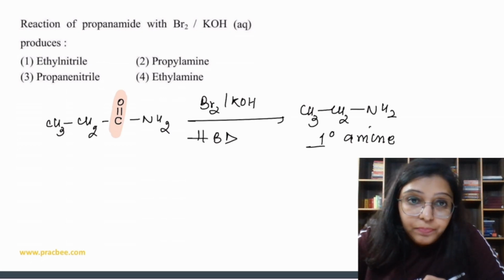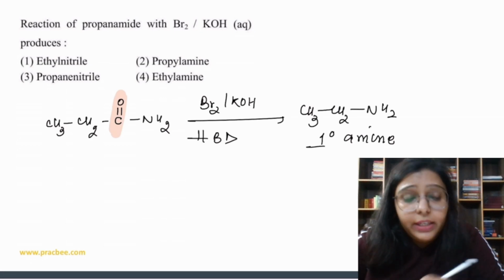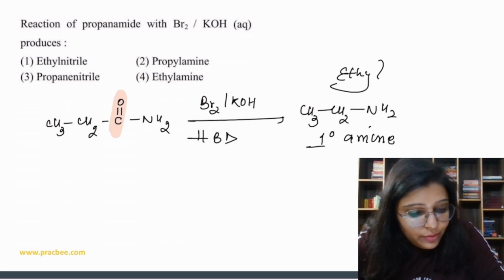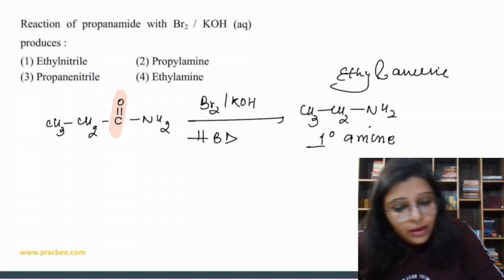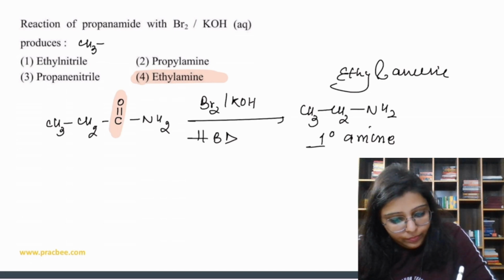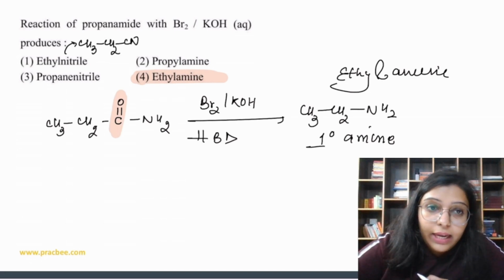So we get ethyl nitrile, not ethyl nitrile, ethyl amine. Nitrile is CN. So we get option 4, ethyl amine.